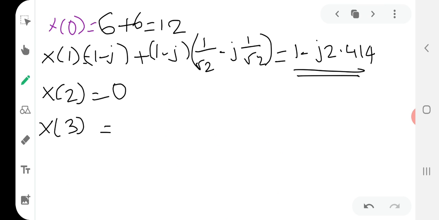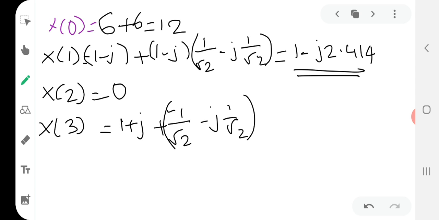W8 raised to 3 is minus 1 by root 2 minus j into 1 by root 2, into 1 plus j. Plus 1 plus j, and by solving this equation we will get 1 minus j 0.414. This is the value of x of 3.